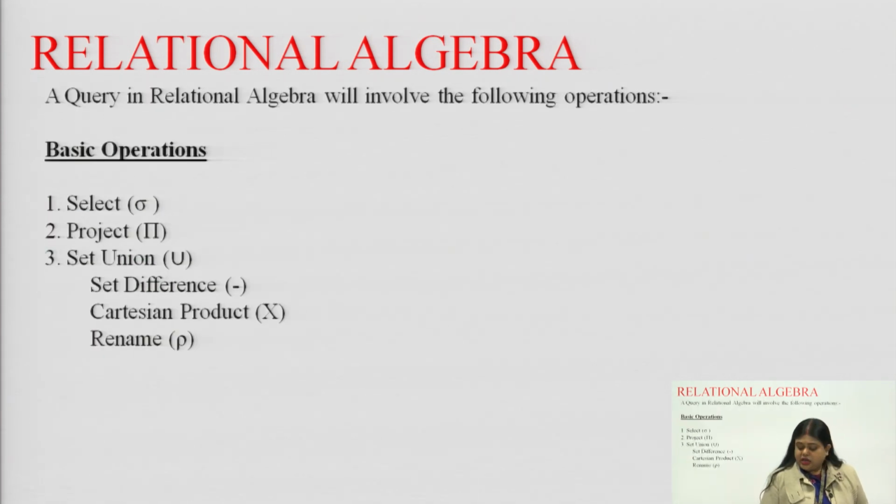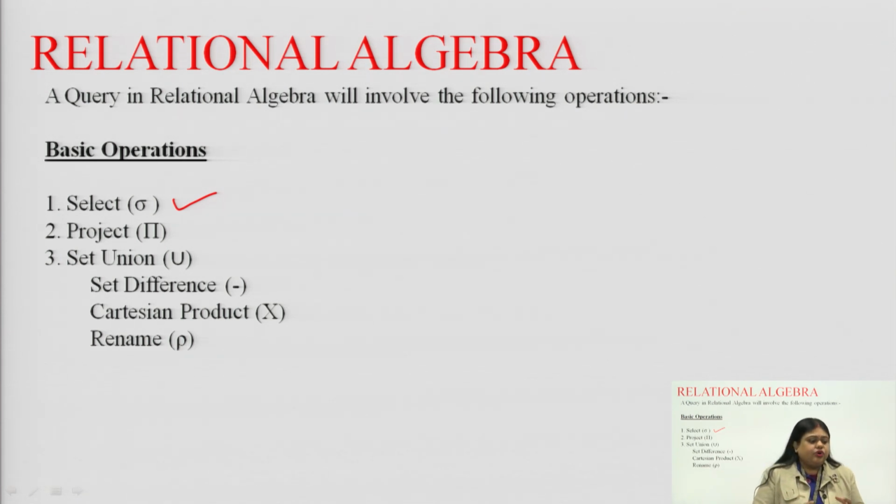Now, to start with the concept of relational algebra, we will start with the basic operations. You can see the first and the most important basic operation is the select operation, right. Select operation basically works at the tuple level. That means we are selecting the data which we want to give to the user, right.